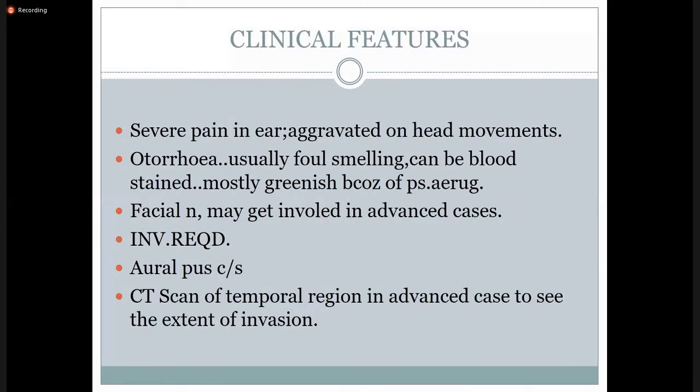Why is it blood stained? Because it's usually associated with granulation tissue. It is a pathological entity which is formed in chronic discharging ear patients, and whenever there is a pathology, it's always covered with healing tissue, and you must be studying pathology to know what granulation tissue is.